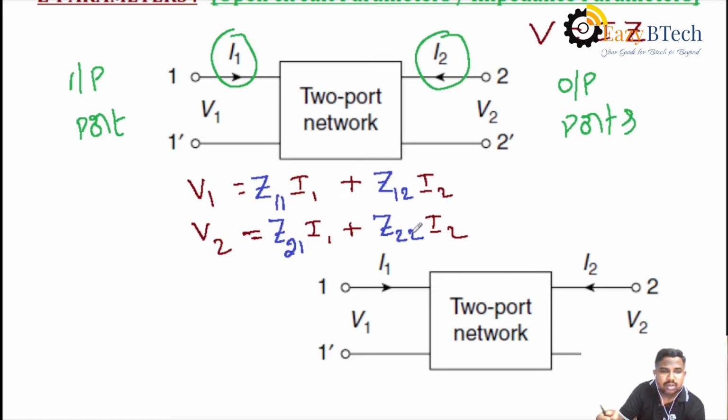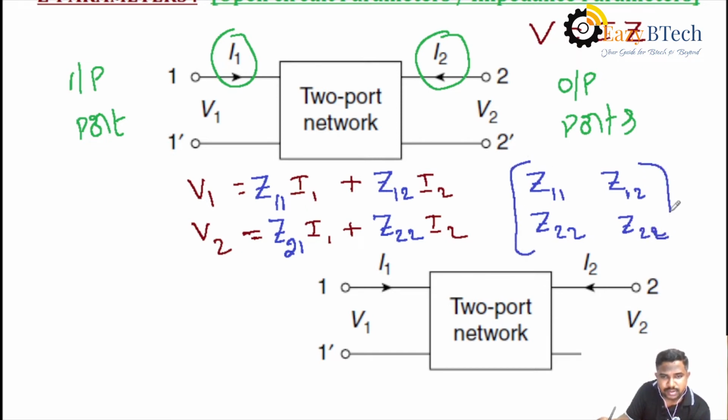Then from these equations, how to find out the Z parameters? All the elements you can represent in the form of a matrix also, that is Z11, Z12, the two-port network parameters form, a 2 by 2 matrix. Then this matrix is called the impedance matrix.